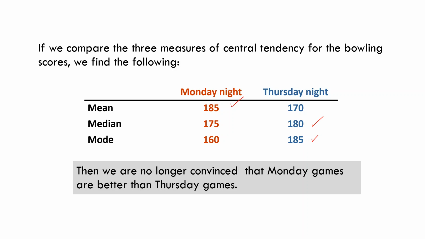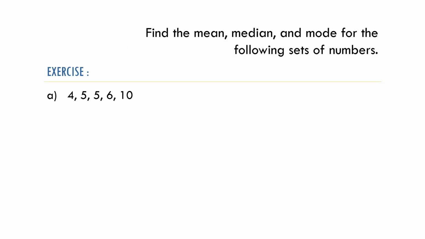Alright, so now let's try to do some exercise. Try to find mean, median, and mode for the following set of numbers: 4, 5, 5, 6, 10. First of all, you have to rearrange from smallest to largest, and it seems like these numbers are already arranged. So let's find the mean.